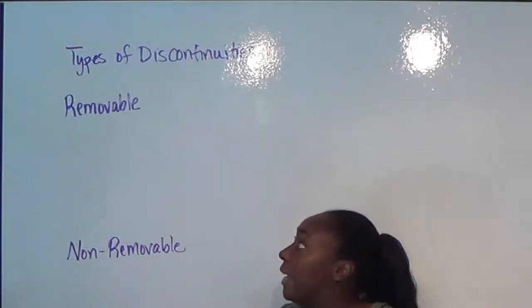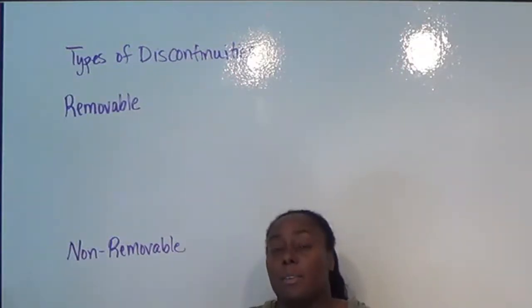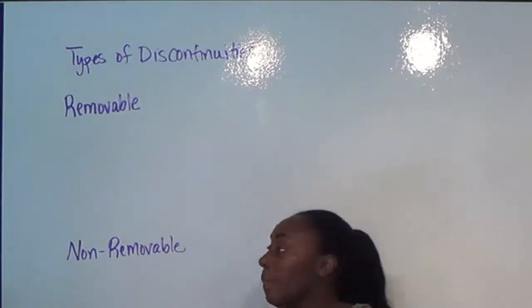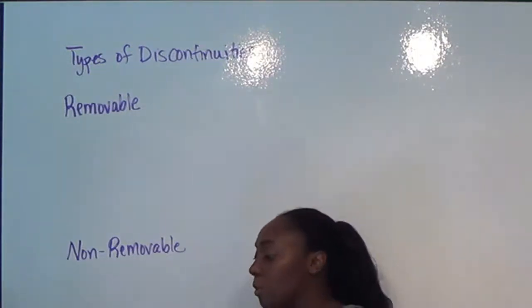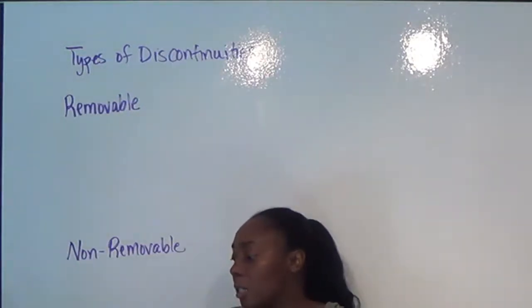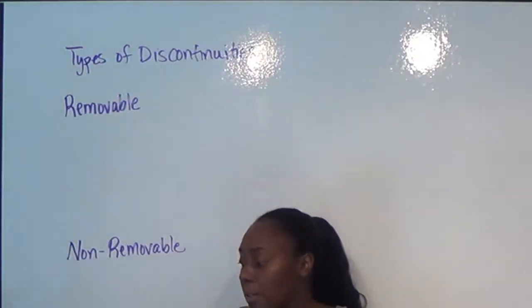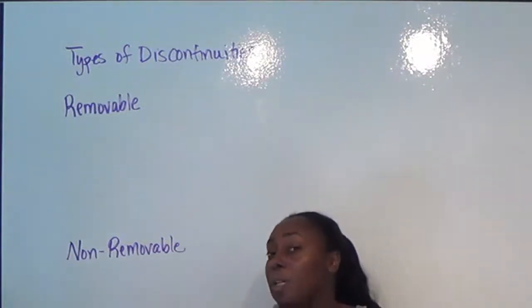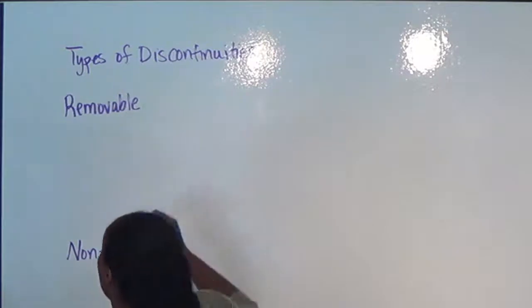When we start looking at discontinuities, there are two types of discontinuities that we can have within a function. We have what we call removable discontinuities, and these are basically where the function is continuous except at a single point, which if we redefine that point, then it would be continuous. Okay?